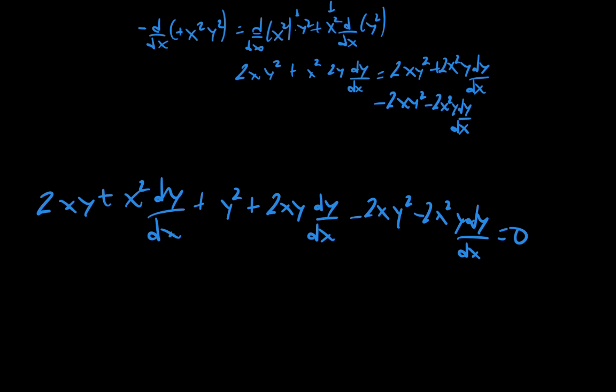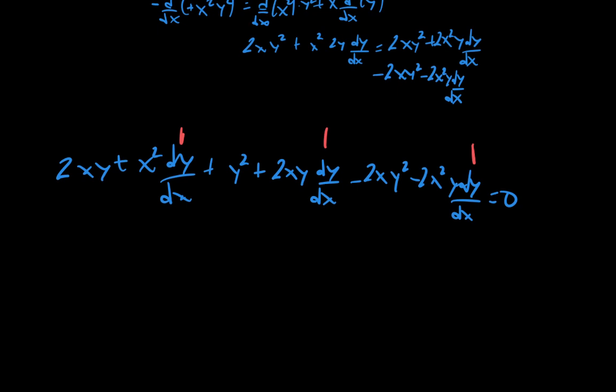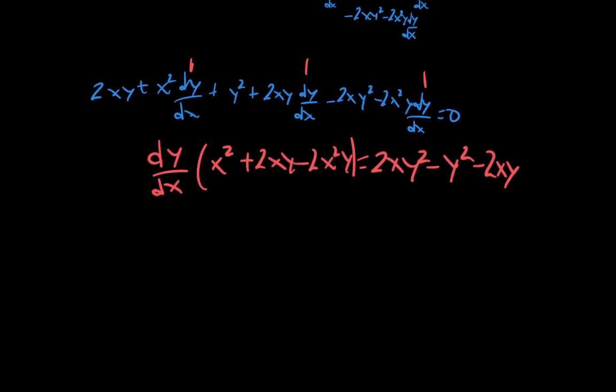And now we're going to solve for dy/dx, and we can isolate them and factor them out and put all the terms together with the dy/dx. I'm just going to skip a couple steps, but it's just basic arithmetic at this point. Okay, so that's our dy/dx. It's dy/dx times some arbitrary numbers of x's and y's is equal to something else, and then just divide this out.